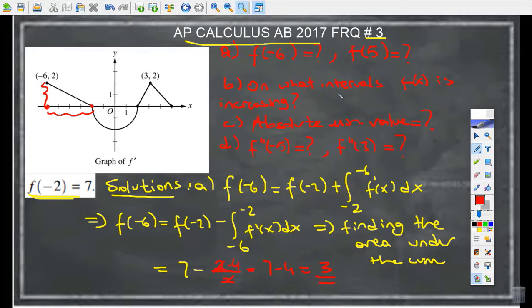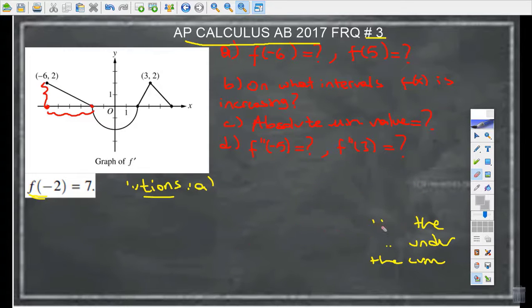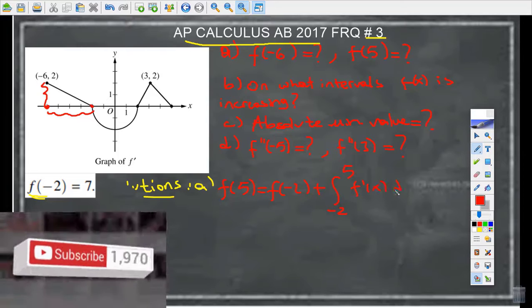We're going to do the same thing for finding f of 5, but before that I need to clean up the board. For that we're using the definite integral again. f of 5 can be found by doing the same thing: f of -2 plus the definite integral from -2 to 5 of f prime x dx.